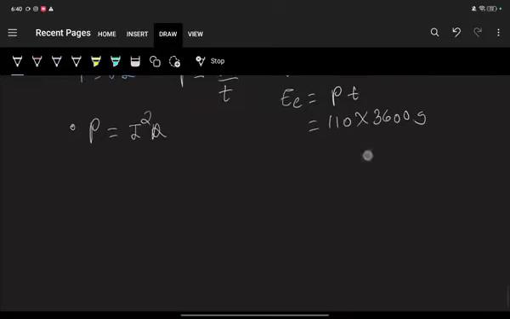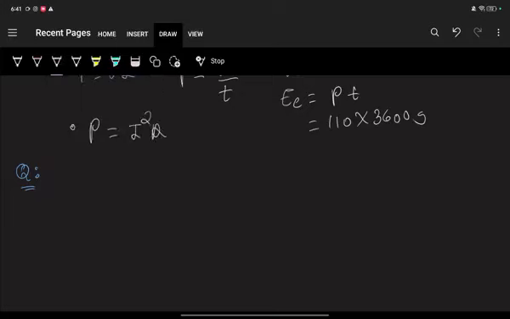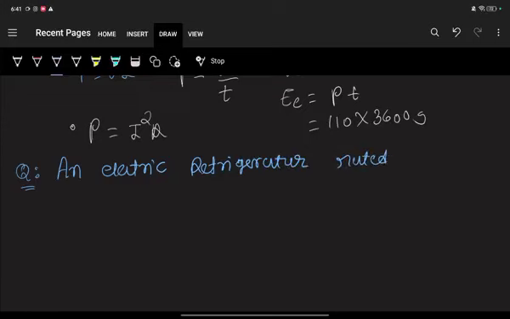Now moving on to the next question. The question says an electric refrigerator rated 400 watt operates 8 hours per day.